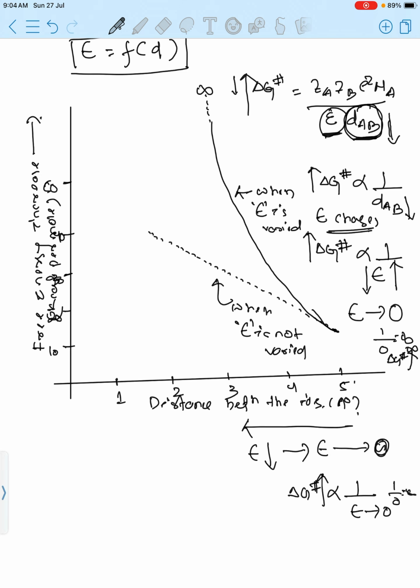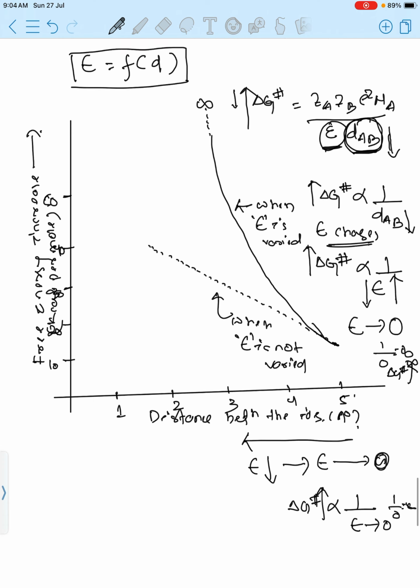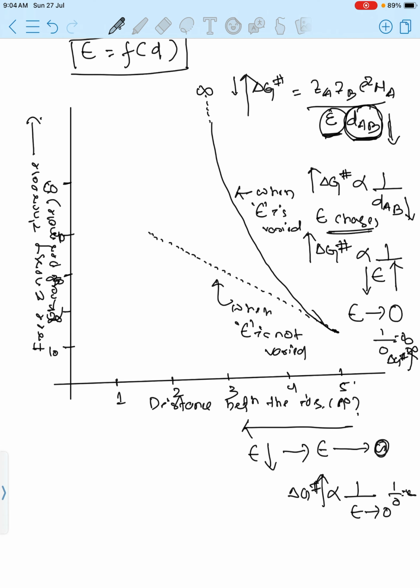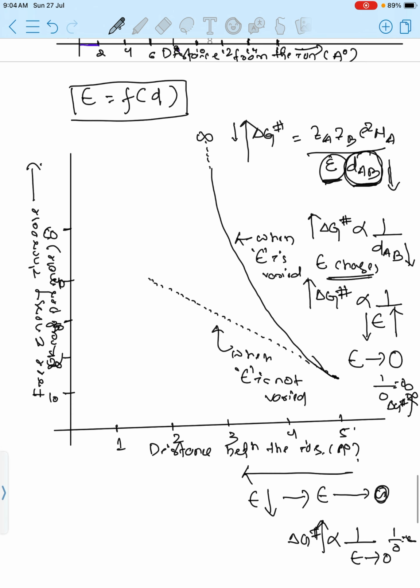Therefore, the free energy of activation will become infinite in nature. Therefore, we can say that it is very difficult to bring the ions closer to each other, because we need to supply an infinite amount of energy. As an infinite amount of energy cannot be supplied, it becomes very difficult to bring the ions to this particular close distance.